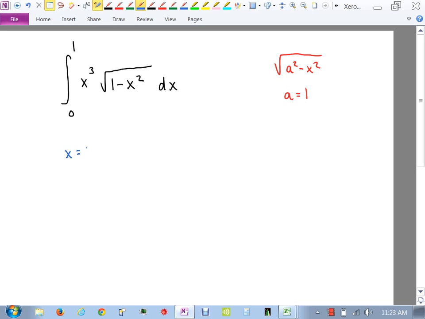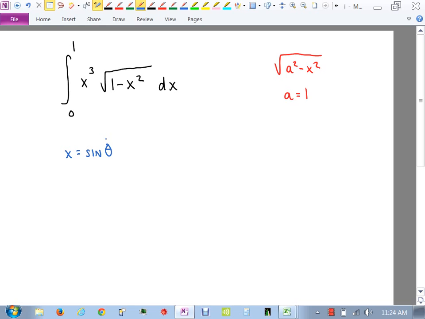A sine theta. And a is 1, right? So sine theta. That part of it you have to know. It's one of 3 substitutions. It's either a tangent theta, a secant theta, or a sine theta. Those are the only 3 trig subs.